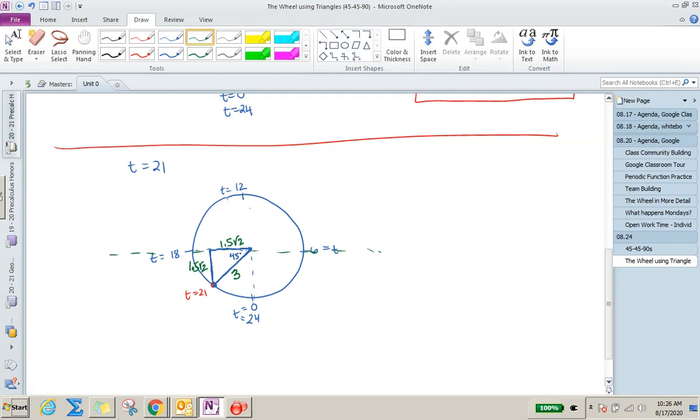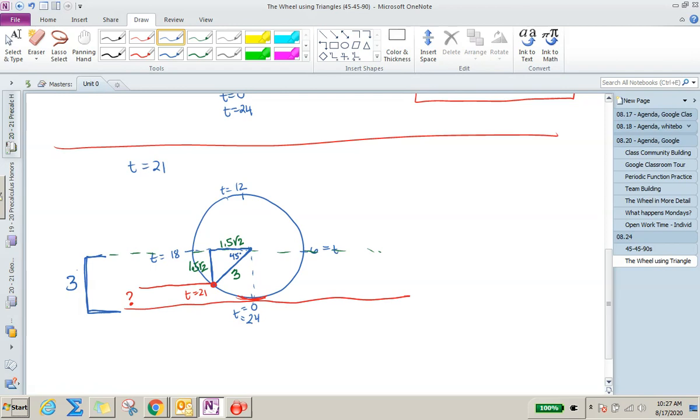So now my question is, how far is the gum from the ground? Here's the gum. Here's the ground. It's supposed to be touching the ground here. So here's the gum at this height. The question is, what is this height? We know from the center down to the ground, that's the radius of the circle, that's 3.